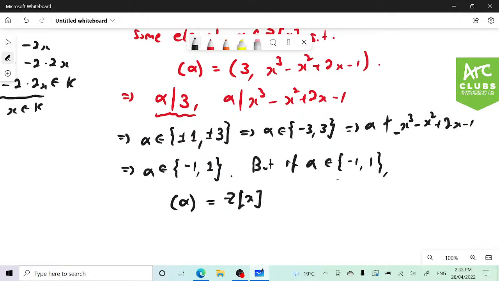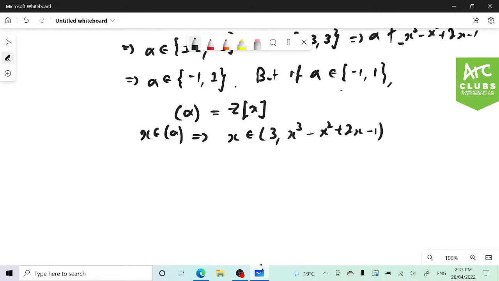If it was possible, then x must belong in the ideal generated by alpha, because this generates all of Z[x]. So it has to generate x as well. What that implies is that x must belong in the ideal generated by 3 and x cubed minus x squared plus 2x minus 1.